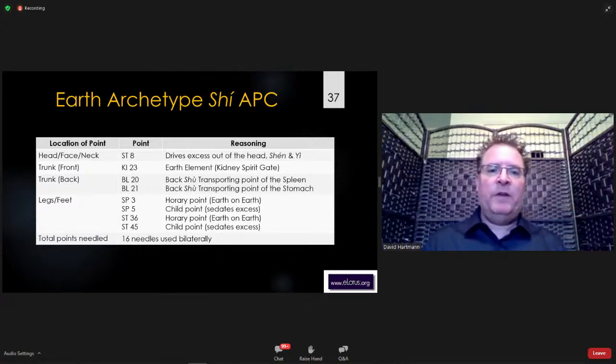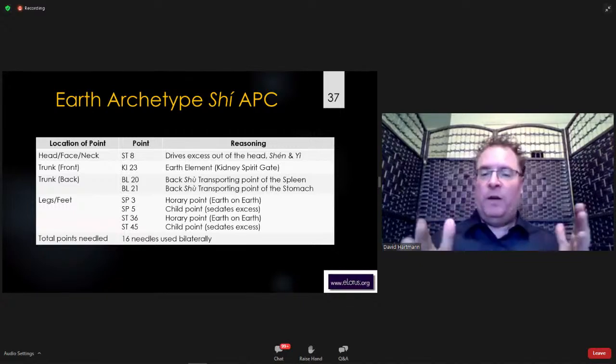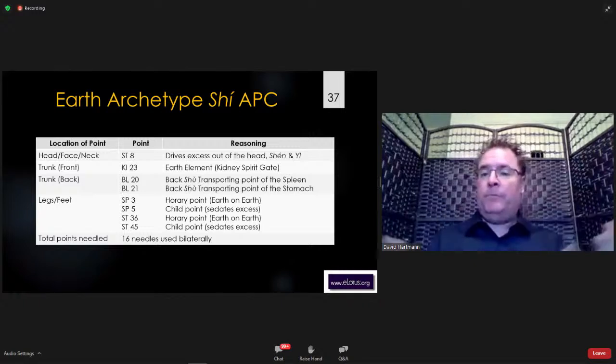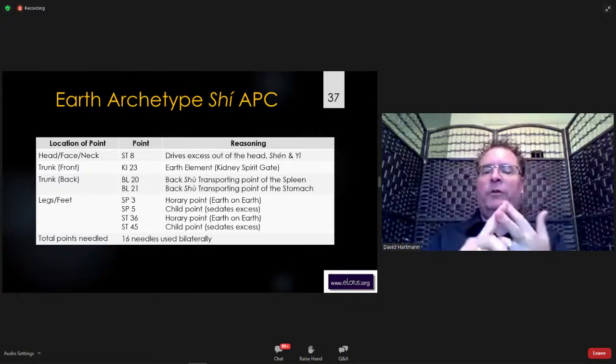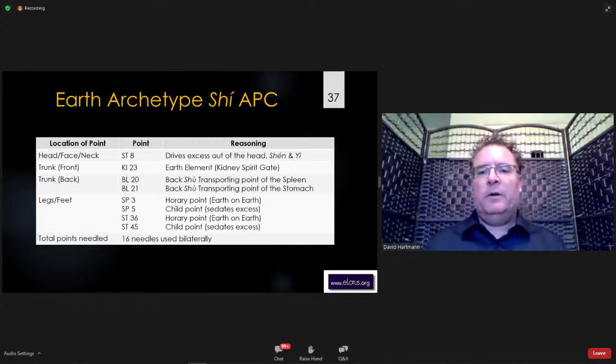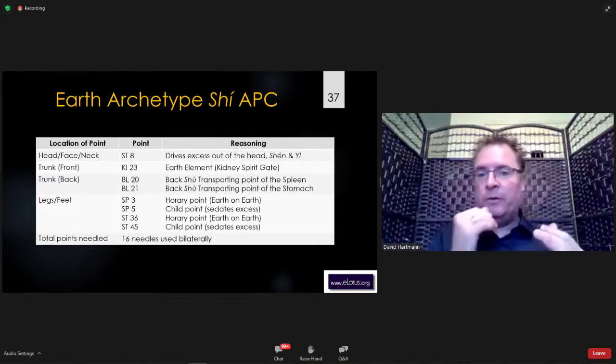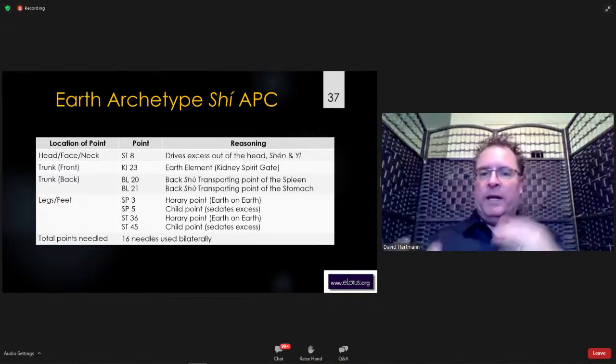So if we look at Spleen 3, for example, and Stomach 36, they're earth points on earth channels. And if you did them between 7 and 11 in the morning, you actually are in earth time. So earth point, earth channel, earth time, triple earth. But if you did the earth of earth points outside of that 7 to 11 a.m., it's still double earth, and they are regulating points, balancing points.